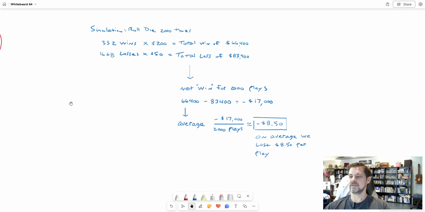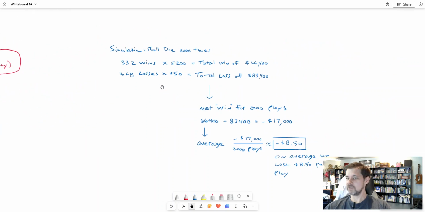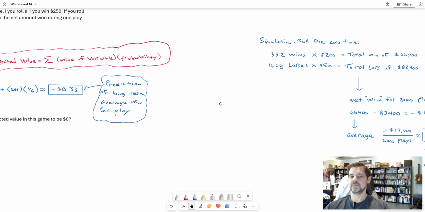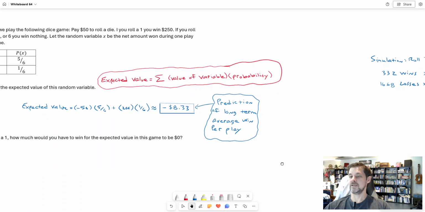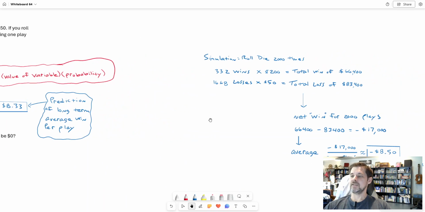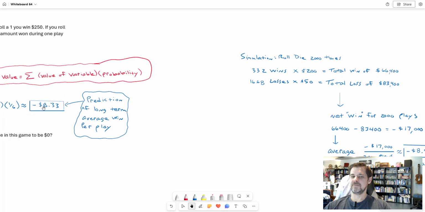Now, I said that if we rolled the dice a bunch of times, then we should be able to give some truth to this number, that this number is a prediction of what would happen in terms of our average win per play. Here I'm getting negative $8.33, a prediction that I'm going to lose $8.33 per play on average.